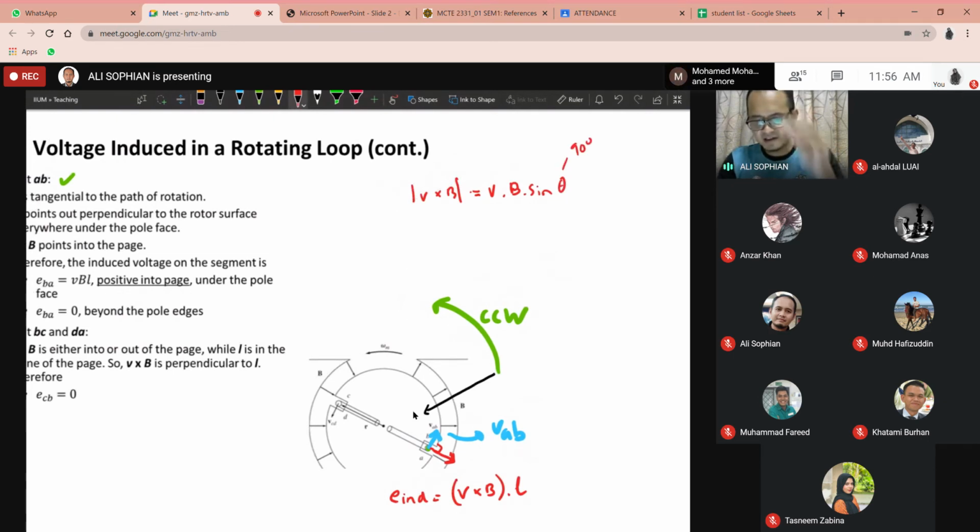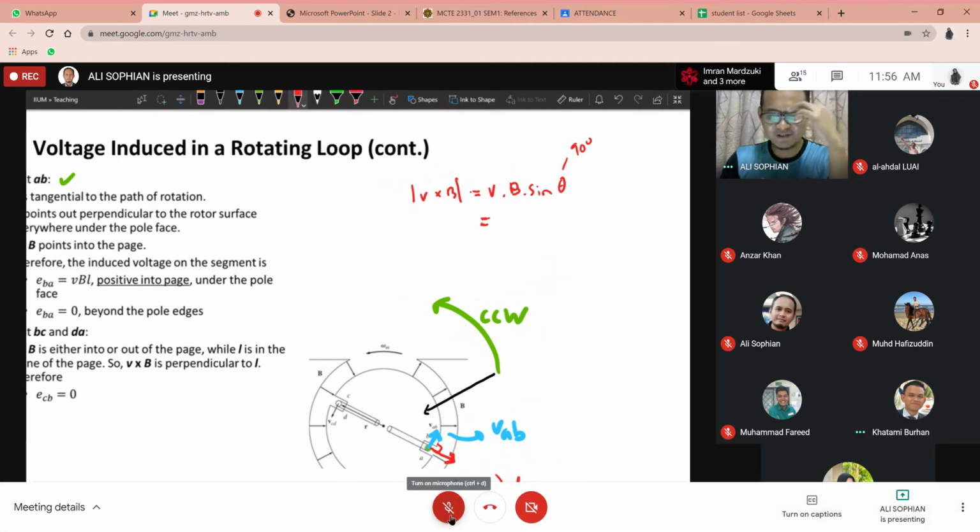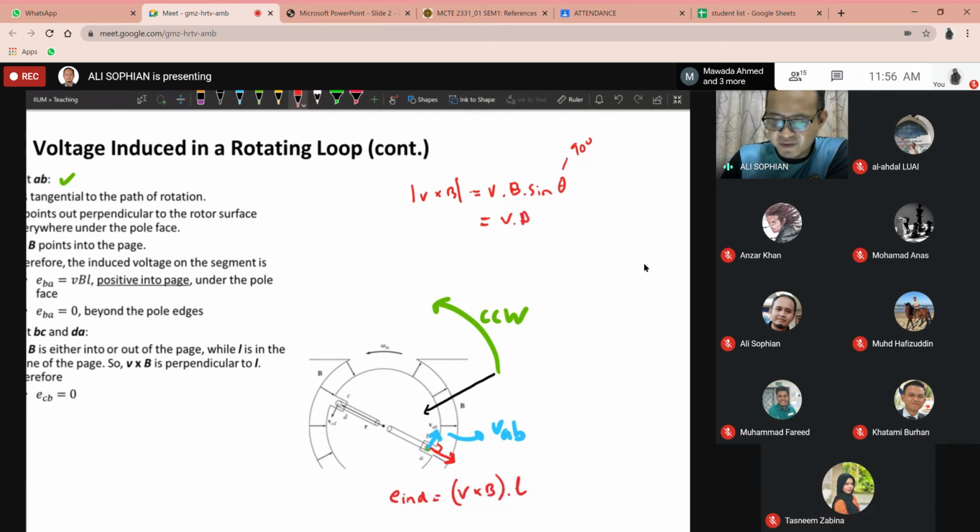What is sine 90 degrees? Is it 0 or 1? 1, yeah. So we are just left with simply V times B.